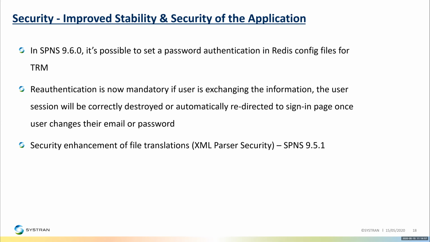And we've done the XML parser security in an earlier version. I thought of showing that in this presentation because XML is still attractive to all these attackers. So we have done quite a few enhancements with XML to make sure the information is protected and should not be exposed to the outside environment.